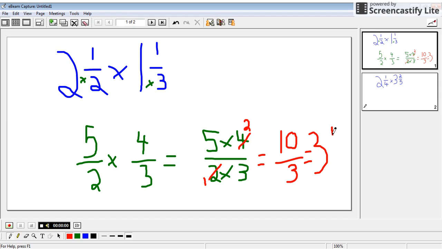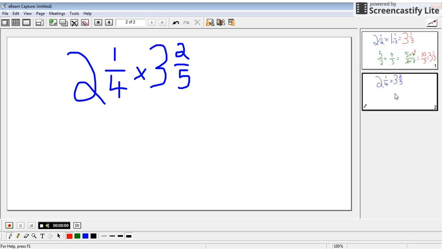A remainder of 1. And my denominator stays the same. So my answer for 2 1/2 times 1 1/3 actually works out to be 3 1/3.